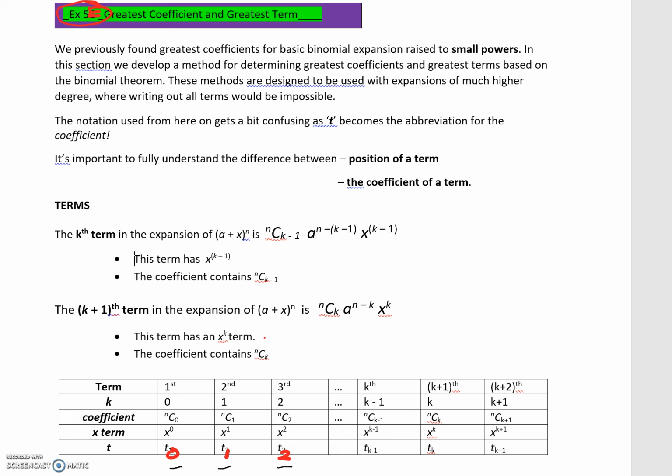You can see there that I've actually mentioned that the notation gets a little bit confusing because of the introduction of the lowercase t for the coefficient.